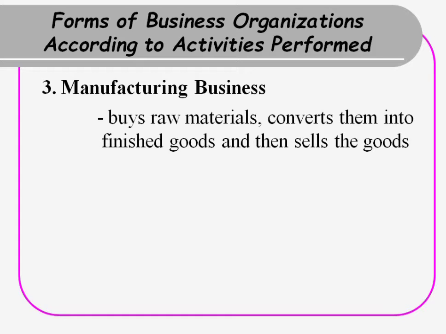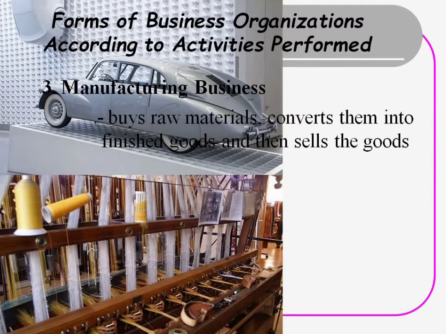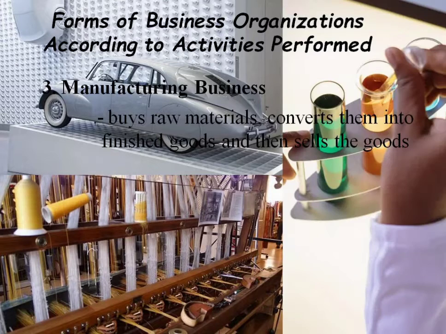Only after conversion does the business sell the manufactured goods. Other manufacturers include garment factories, car manufacturing companies, and drug laboratories. I am sure you can add many other examples of each of these forms of organizations according to activities performed.